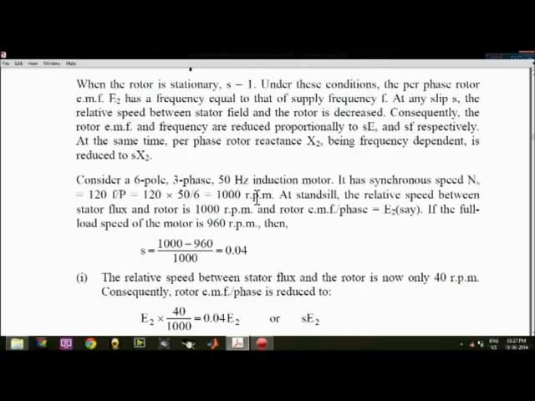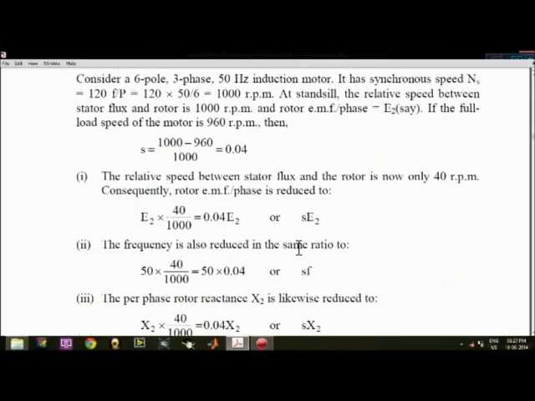It is given that the synchronous speed is 1000 and the full load speed is 960, so we can calculate the slip as (Ns minus N) by Ns. It comes out to be 0.04. Now the relative speed between the stator flux and the rotor is only 40 rpm.